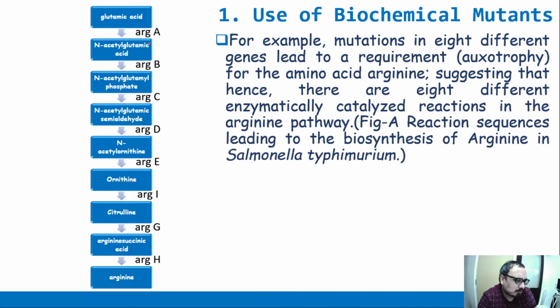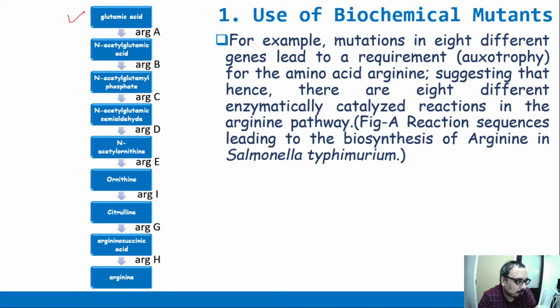We have just given a hypothesis that there may be 8 different genes responsible for the formation of the pathway, and these reaction sequences lead to the biosynthesis of arginine in the Salmonella typhimurium. So I'm just going to read it out and explain later on.